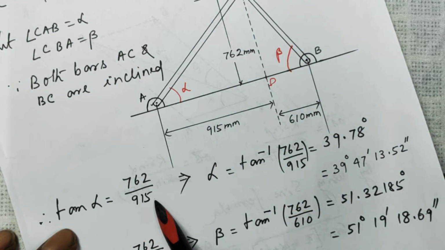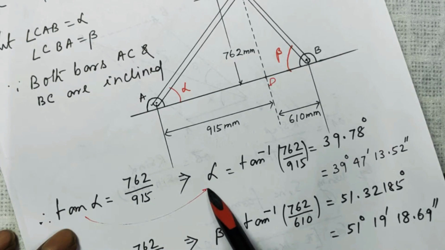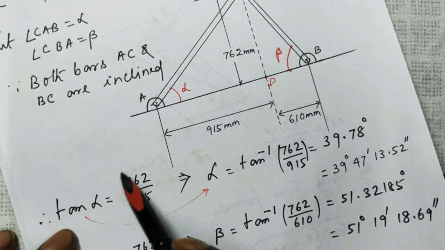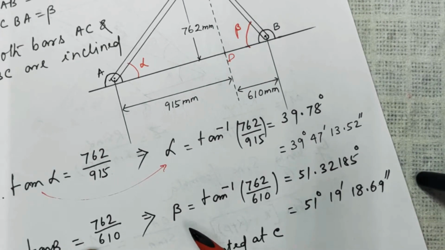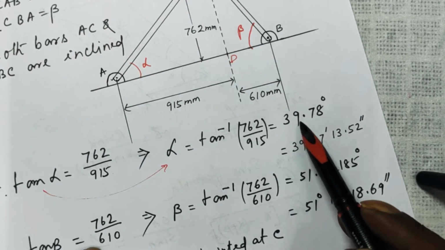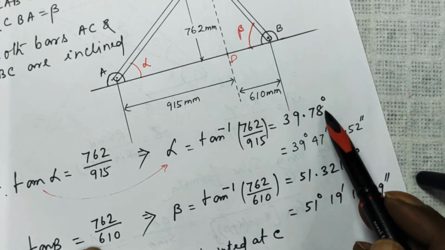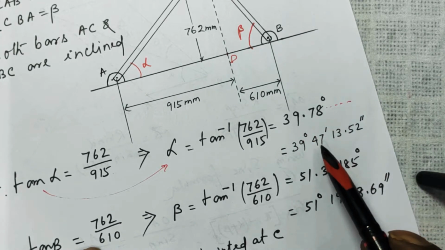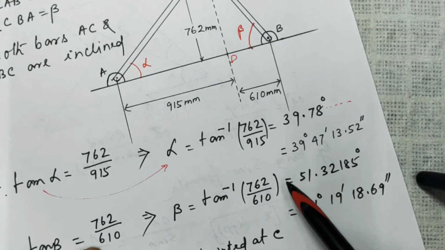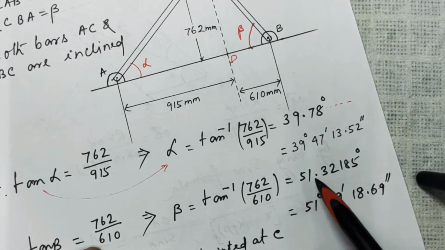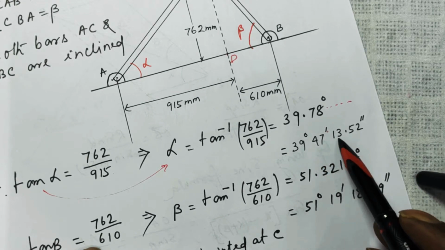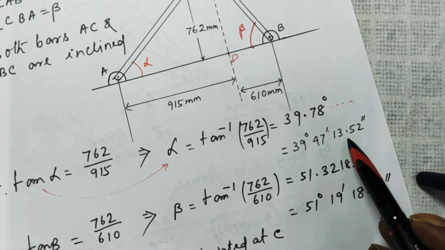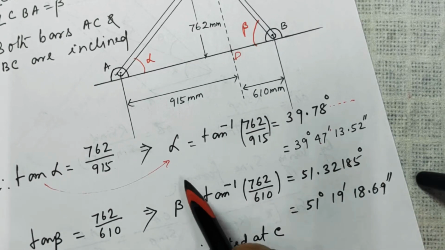From this, your alpha is equal to tan inverse of this. If you put it in a scientific calculator, you get 39.78 degree, and there are more digits after that. I have not taken it, and when you convert that to degree, minute and seconds, it comes out to be 39 degree 47 minute 13.52 seconds. So alpha is found out.